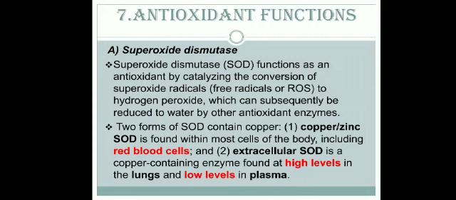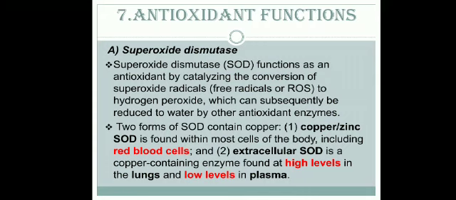Now, binding of copper to ceruloplasmin is very important because free copper and iron ions are powerful catalysts of free radical damage. Binding of the copper with ceruloplasmin, as well as the iron with transferrin, prevents free copper ions as well as iron ions from catalyzing oxidative damage.